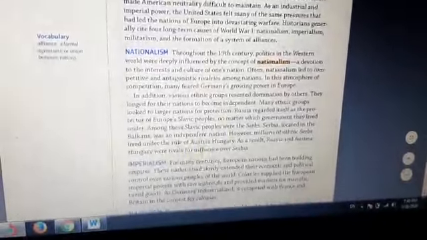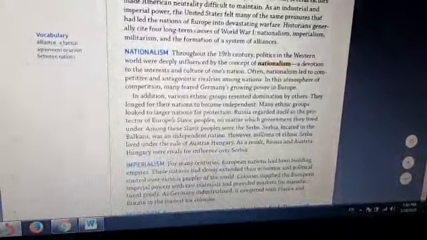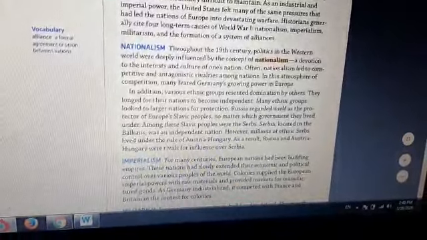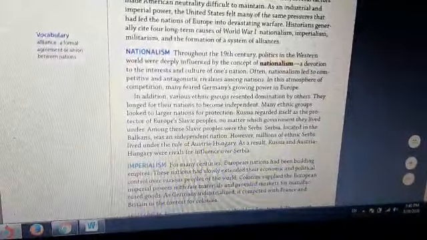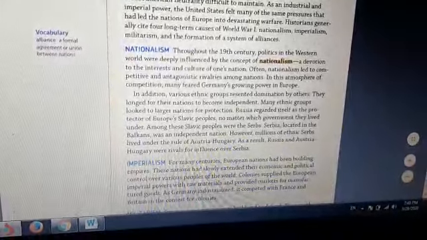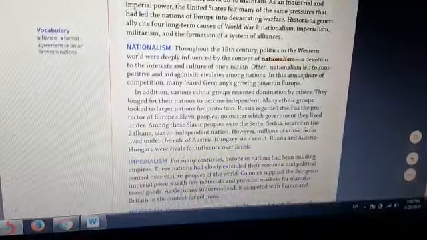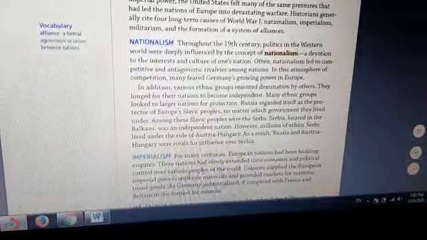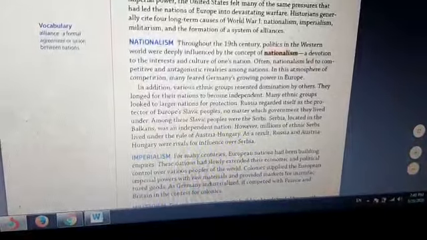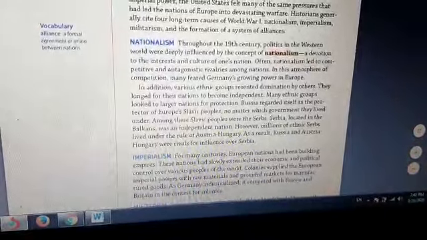So in addition, various ethnic groups resented domination by others. So they longed for their nations to become independent. So many ethnic groups looked to larger nations for protection. So Russia regarded itself as a protector of Europe's Slavic people, no matter which government they lived under.